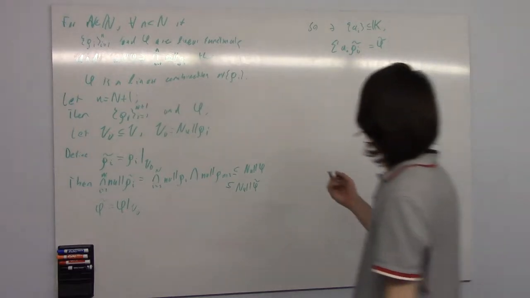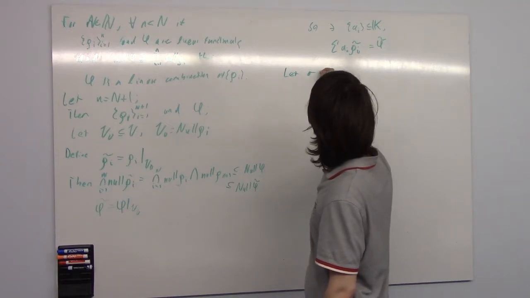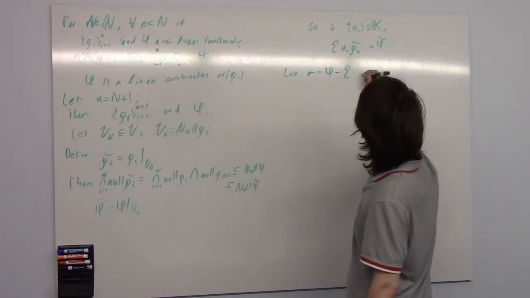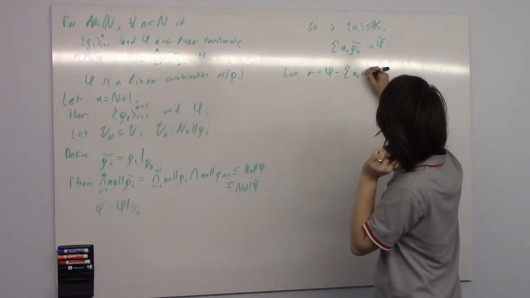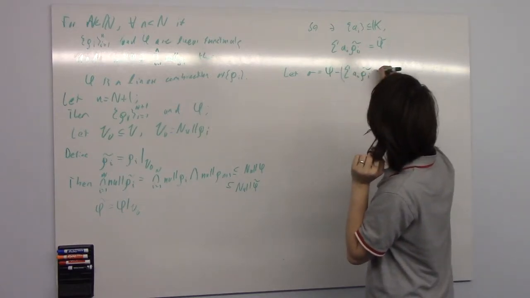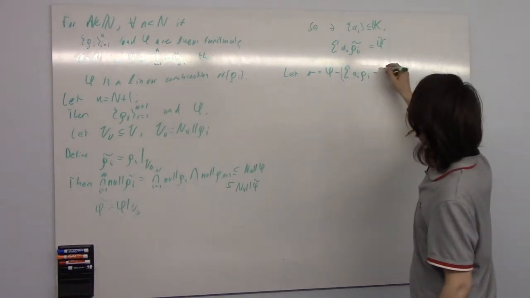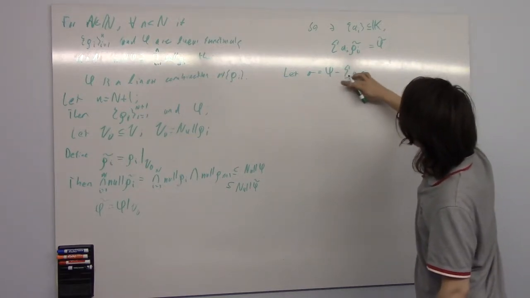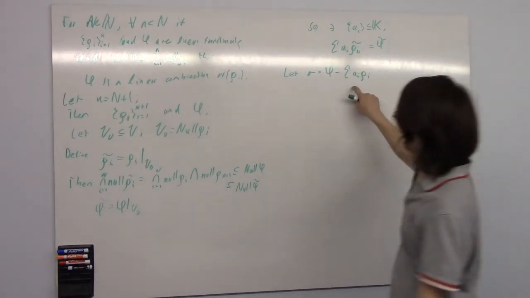So next, let sigma equal phi minus the sum a_i rho_i, minus not twiddle. Okay, we know for anything in this null space, this is 0.